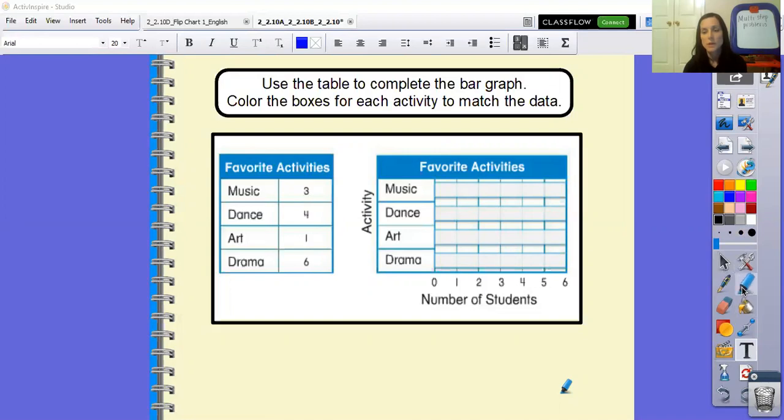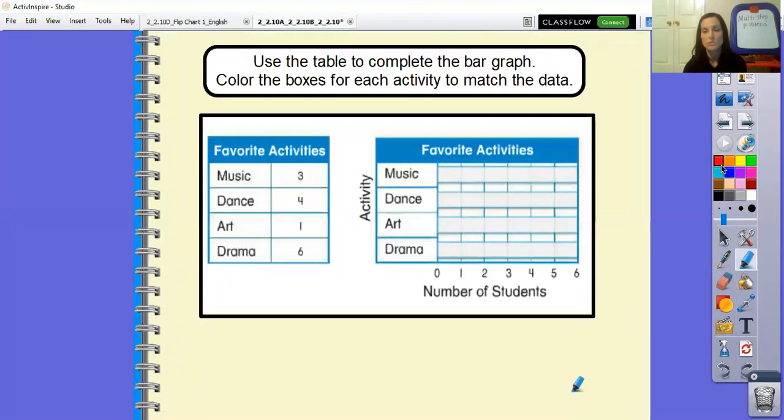I'm just going to use my highlighter here, and I'm going to use the color red. And I am going to shade in those squares. So we have 1, 2, and 3. And there is my bar for music. Okay. Now looking over at dance, dance has 4 people right here.